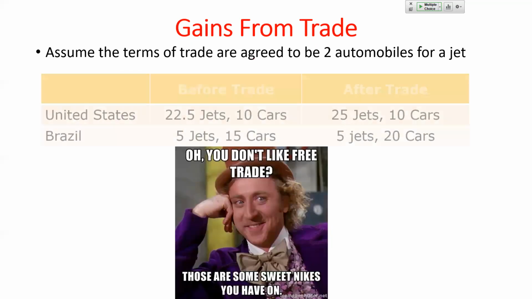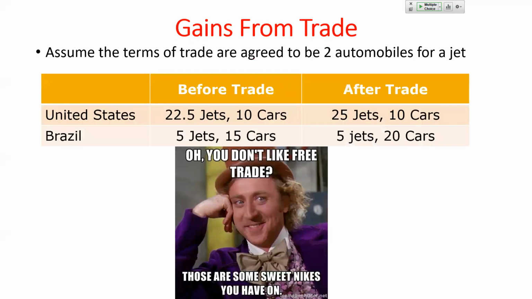Okay. So let's think about 2 automobiles for every jet. Let's say we set the trade so that if one country gives the other a jet, the other has to give them 2 automobiles in return. That's the trade value. So we could look at the US and say, okay, we want to get 10 additional cars.